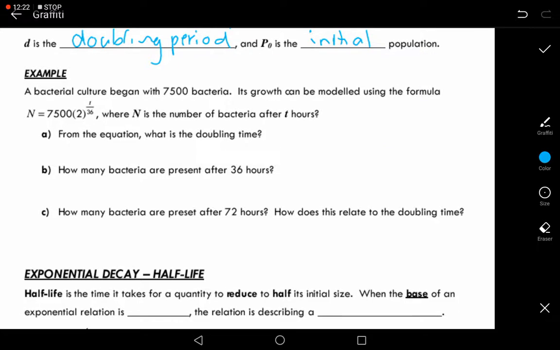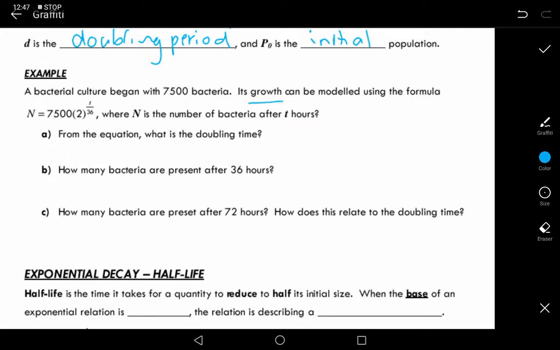So it says a bacteria culture began with 7,500 bacteria. Its growth, and again, I'm underlining growth because I need to know, is this a growth or decay? So its growth can be modeled using this equation. N equals 7,500 times 2 to the power of T divided by 36, where N is the number of bacteria after T hours.